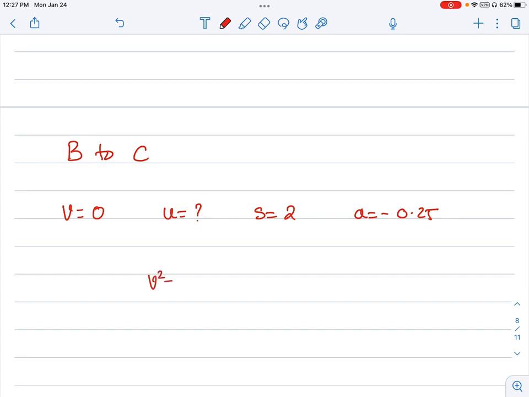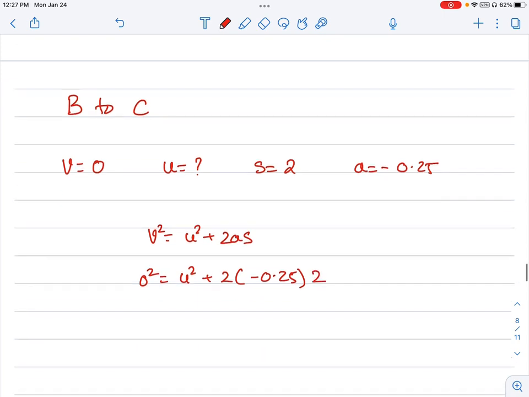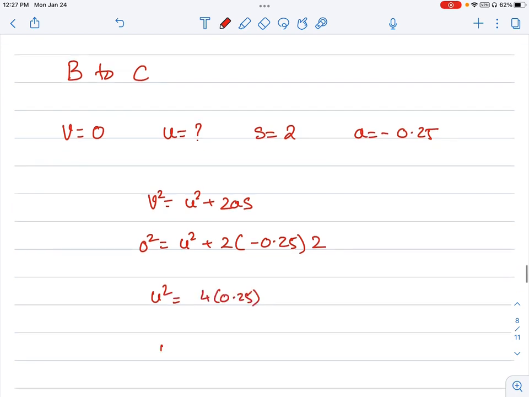So I use v square is equal to u square plus 2as. So 0 square is equal to u square plus 2 times minus 0.25, because it is the same surface so same deceleration, times the distance 2. So from there u square is equal to 4 times 0.25, which is 1. So u is equal to 1 meter per second. So it will rebound with 1 meter per second.